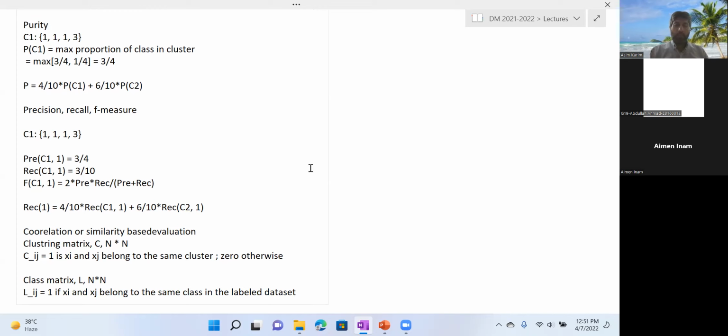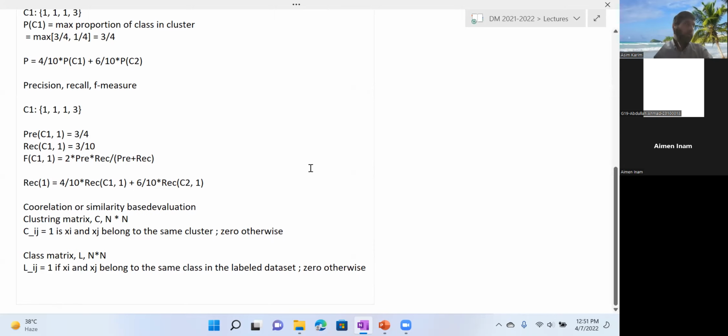If they belong to the same class in the labeled data set, then this value would be 1, otherwise it would be 0. So now we have two matrices, C and L, of the same size, n by n.